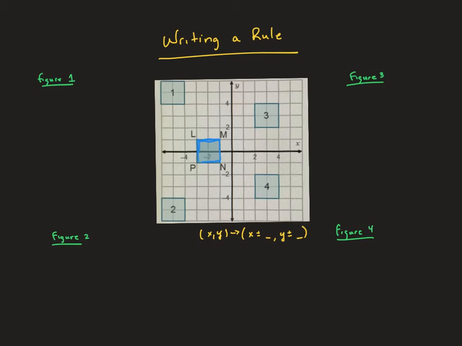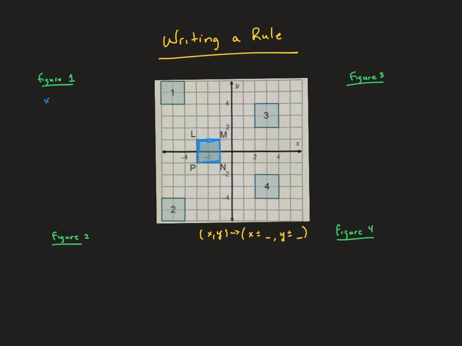And in order to get to figure 1, it looks like my X value is going to go negative 1, 2, 3. And then my Y value is going to go positive 1, 2, 3, 4, 5.